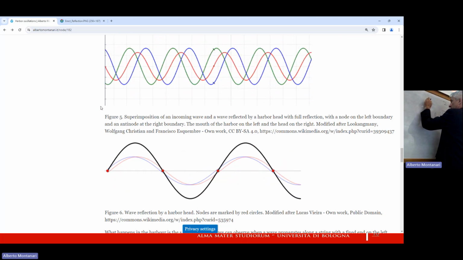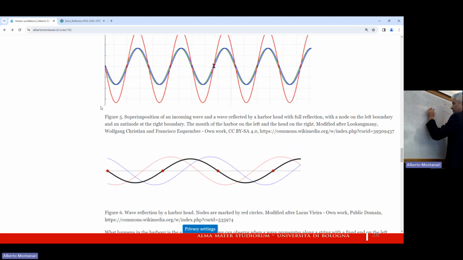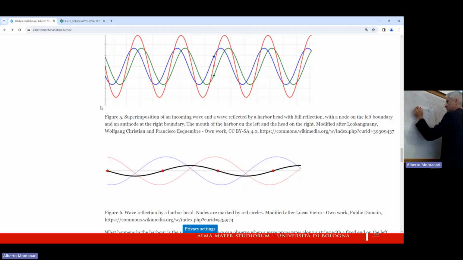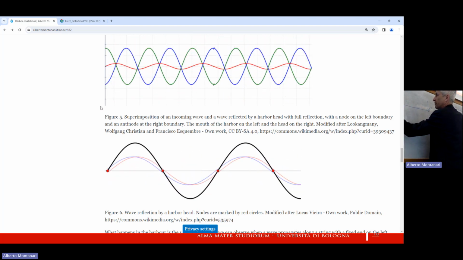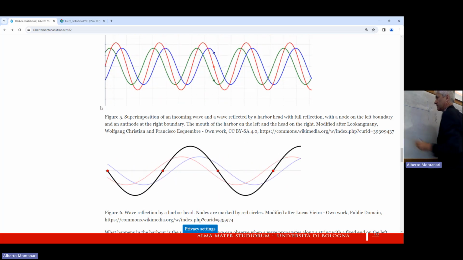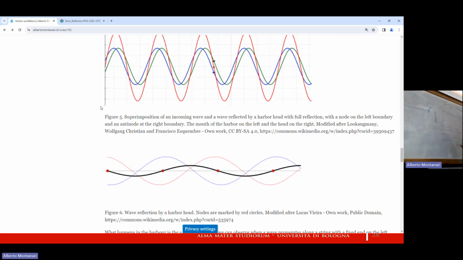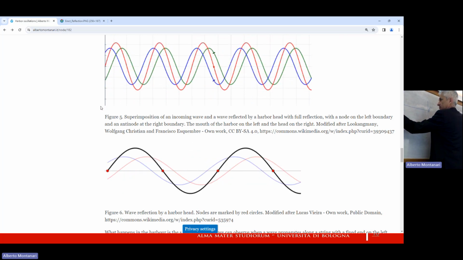So let's suppose that this is the head, and this is calm sea, and this is the mouth. So you have one characteristic period that is this one.